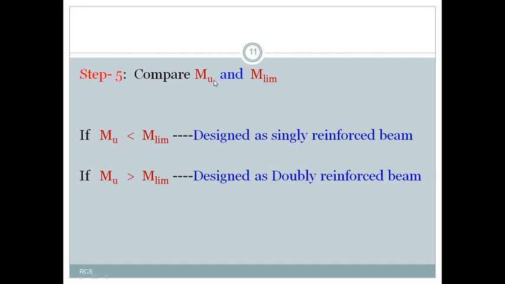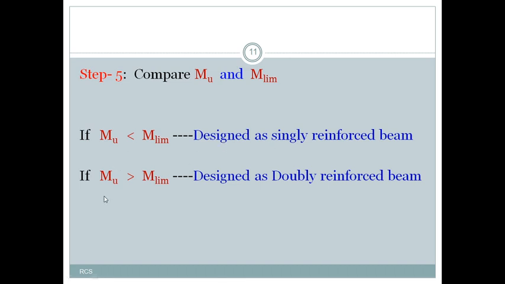You know, Mu is the factored bending moment, Mu limit is the limiting moment of resistance. If your applied bending moment or factored bending moment is less than Mu limit, then design that beam as a singly reinforced beam. There is no issue.